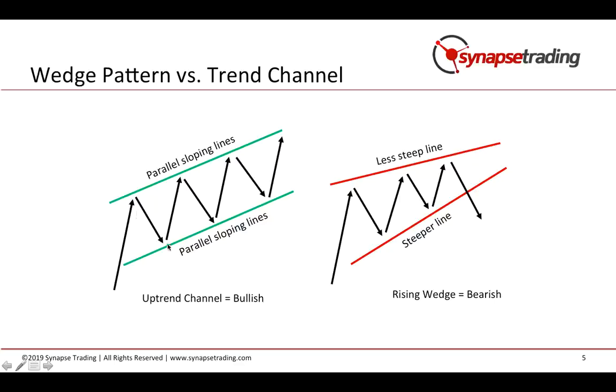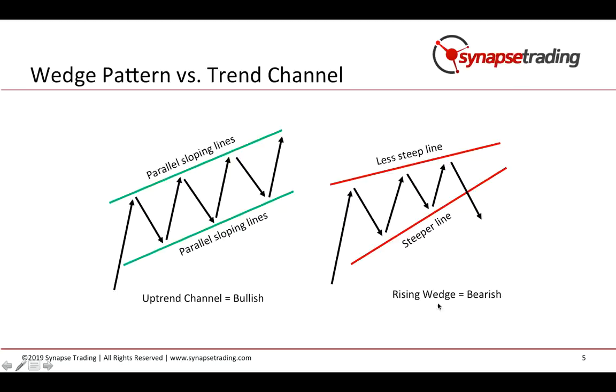It's a series of higher highs and higher lows, with price sandwiched between usually 2 parallel sloping lines. If the trend is very steady, it will keep between the 2 lines and continue to bounce off the top and bottom. So you have an uptrend channel, which is a sign of bullishness.